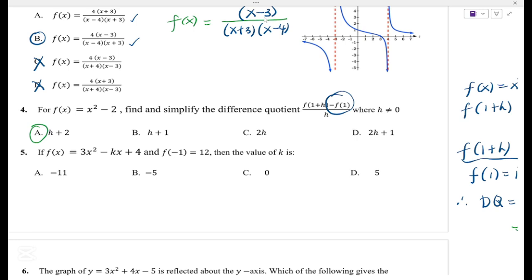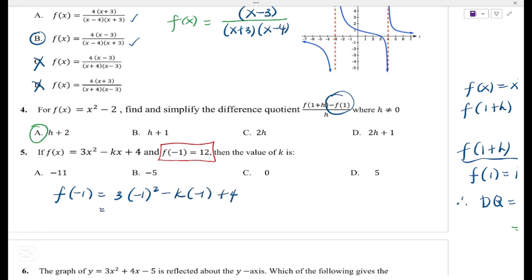And then number 5 is about evaluation of a function. So let us start from this. Placing negative 1 in x of the given function, we will have f of negative 1 is equal to 3 times negative 1 squared minus k times negative 1 plus 4.